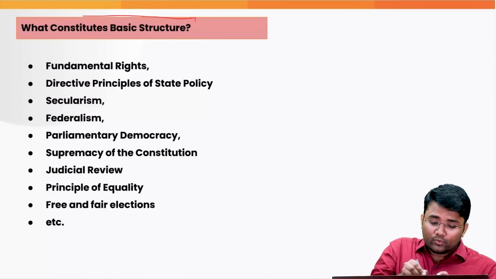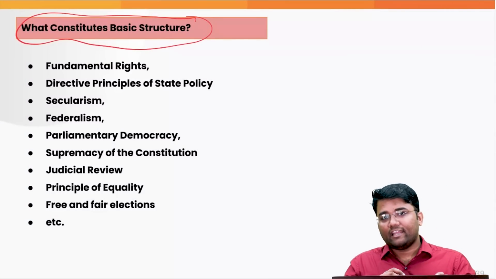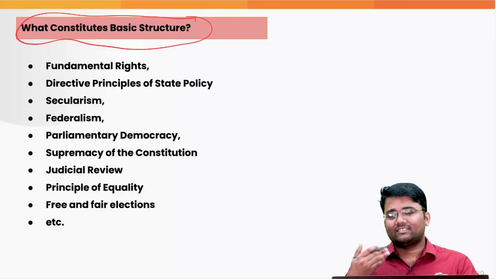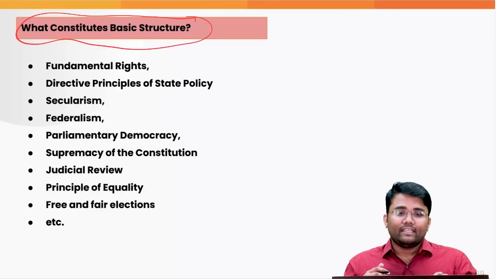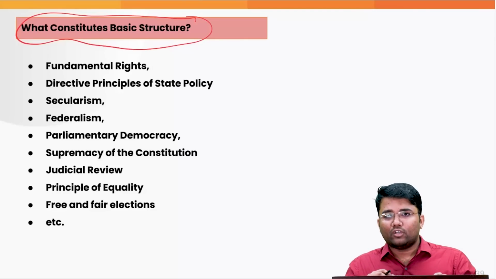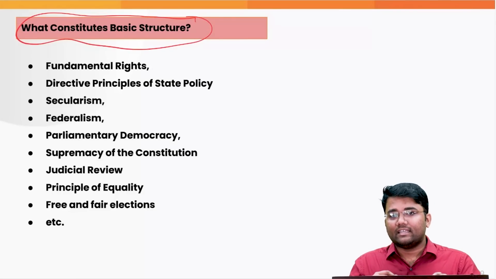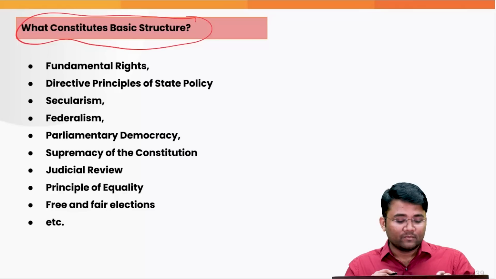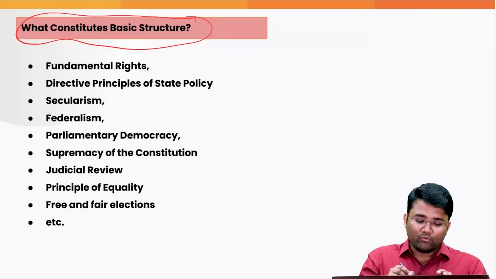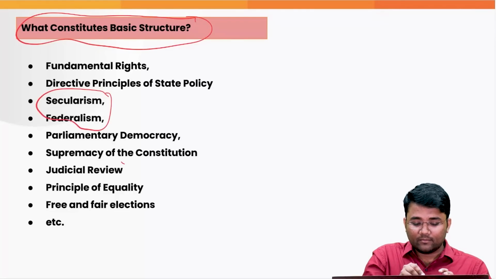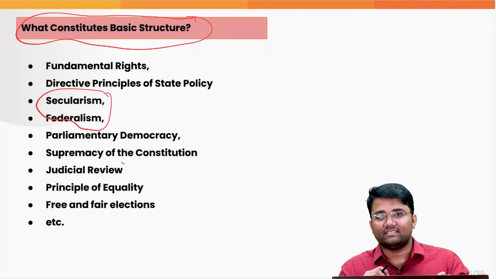So what constitutes the basic structure? As I have told, after the Kesavananda Bharati judgment, this basic structure doctrine has been applied through various judgments. For example, in the Minerva Mills case or in the S.R. Bommai case, the Supreme Court says that secularism and federalism are an important part of our basic structure.